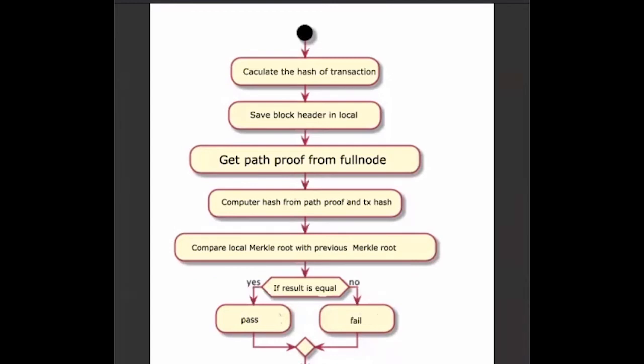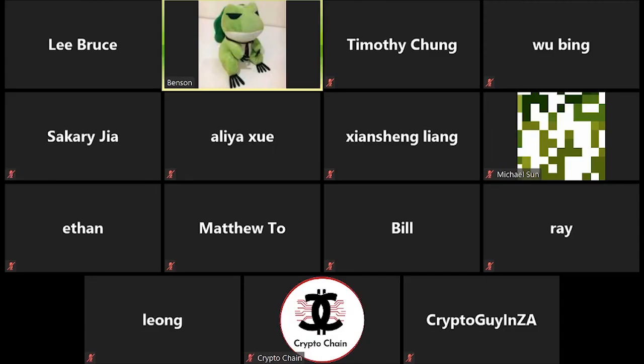So I will introduce the application of SPV. As mentioned before, SPV is the short name of Simplified Payment Verification. Satoshi Nakamoto already introduced this concept in his paper. He mentioned that a payment can be verified without running a full node. All you need to do is save the block headers.